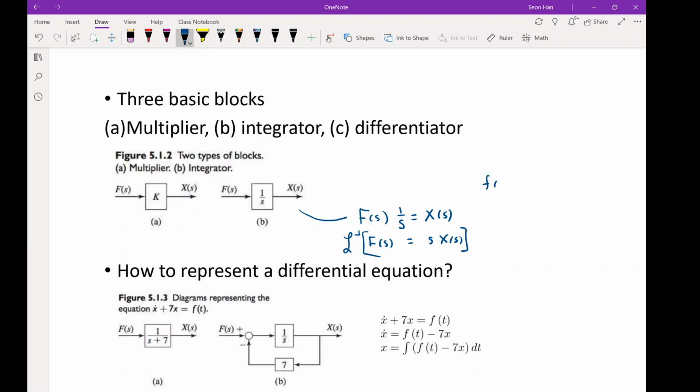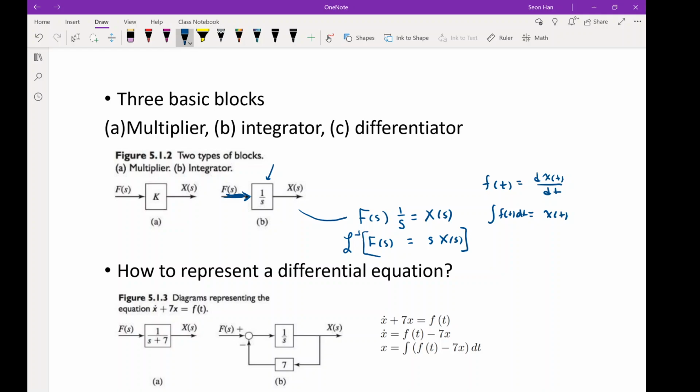You'll find f of t equals the derivative of x with respect to time. Then by solving for x of t, you have an integral of f of t dt. What does that mean? What happens to f after it goes through the block of 1 over s? You integrate it. So you should just get used to it. Whenever you see a block that has 1 over s, it's an integrator.